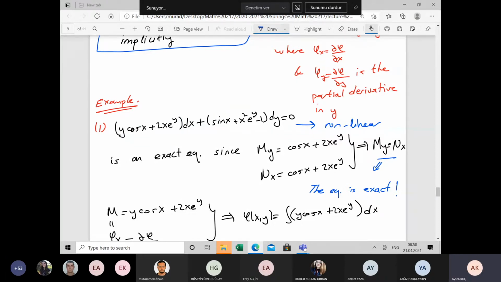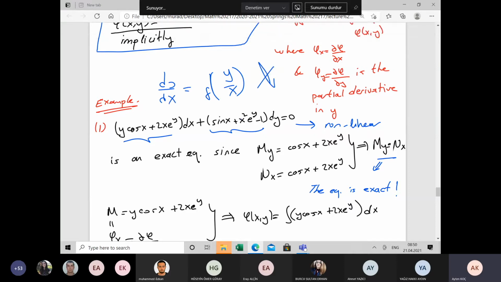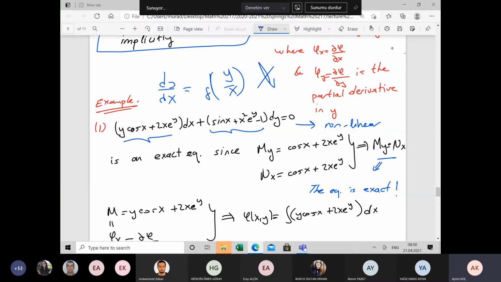Is it homogeneous, y over x? dy over dx equals f of y over x, and this form is not valid. So it is not separable. But for a first order differential equation, maybe this one is an exact equation.